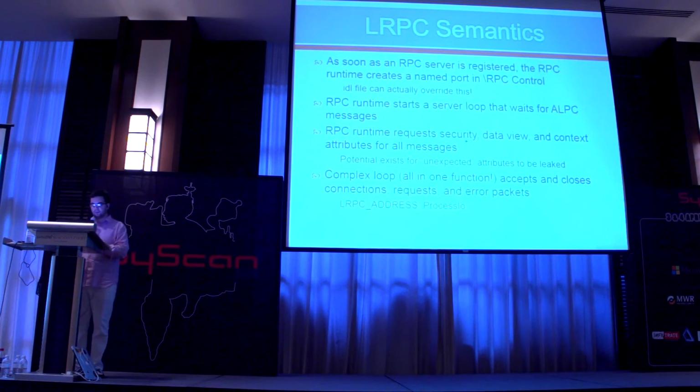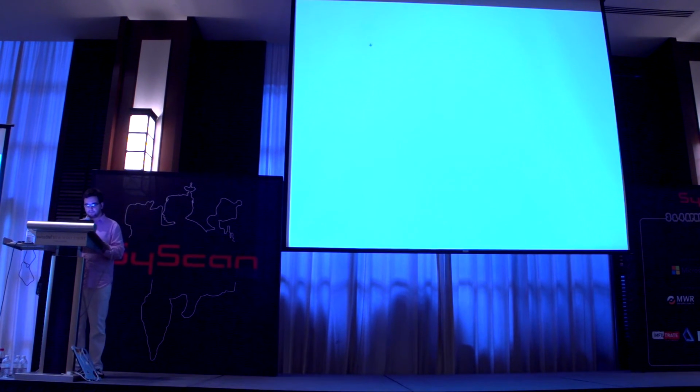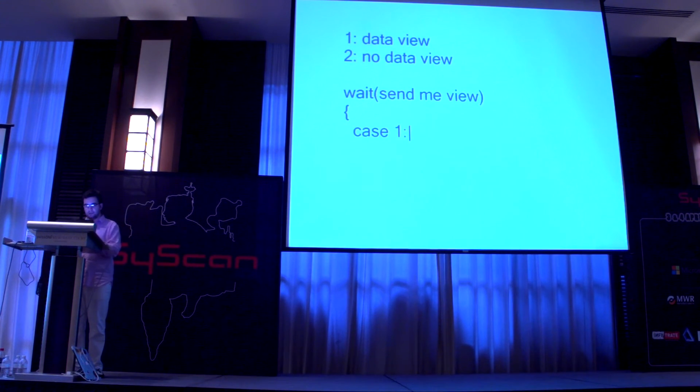So a simple example is, if I have two possible message types, message 1 has a data view, and message 2 does not have a data view in my protocol, when I actually wait for messages, I have to tell ALPC, send me views, because there is an off chance that I might receive message 1. And then I would do my handling that says, okay, if I do receive message 1, then do something with the view.